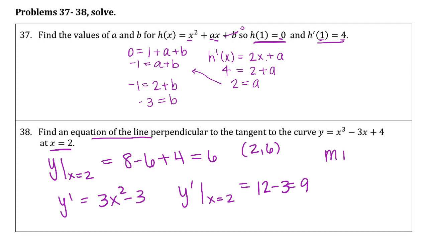So the slope of that perpendicular line is going to be negative 1/9. And so now we're ready to write that equation. So we have y minus 6 is equal to negative 1/9 times x minus 2. And that should generate our equation for us.